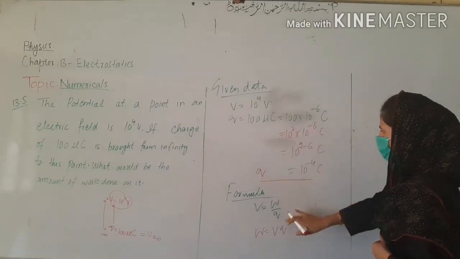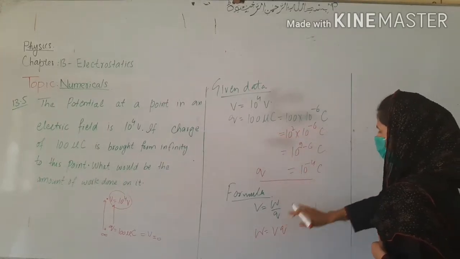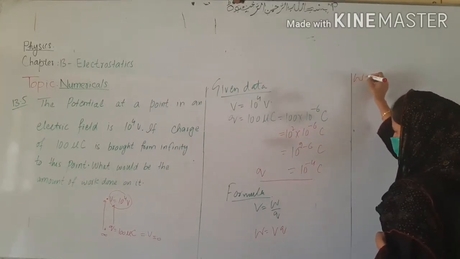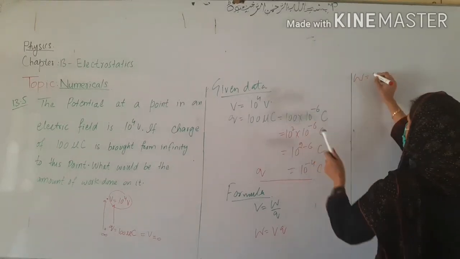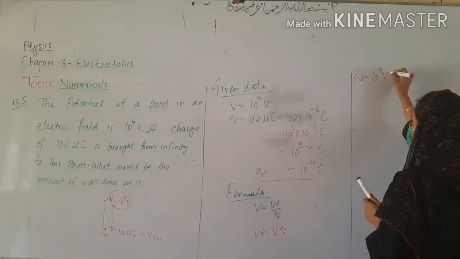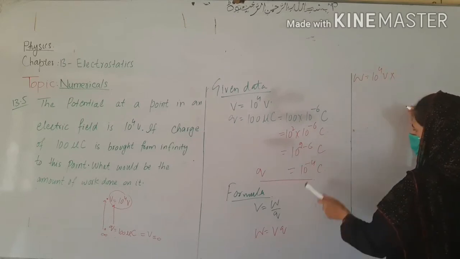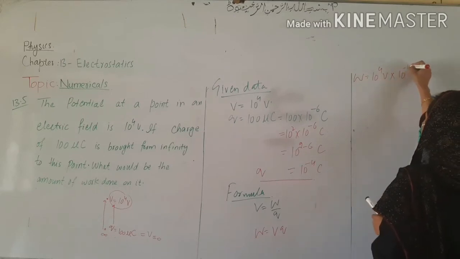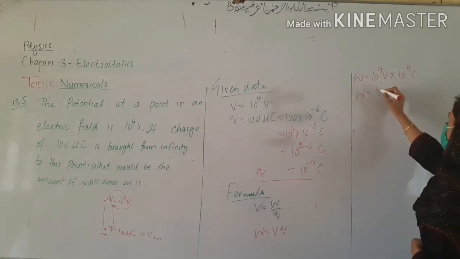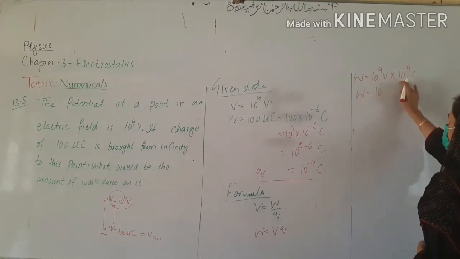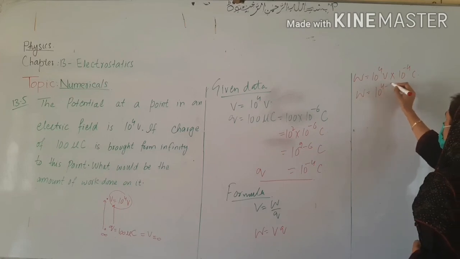Putting the values in the equation, W is equal to V, given as 10 to the power 4 volts, multiplied by Q, given as 10 to the power minus 4 coulomb. W will be equal to 10 to the power, using the base 10 power formula again, 4 minus 4.